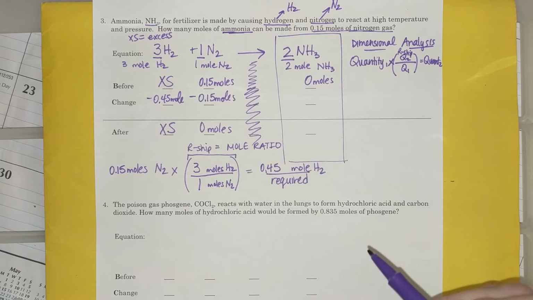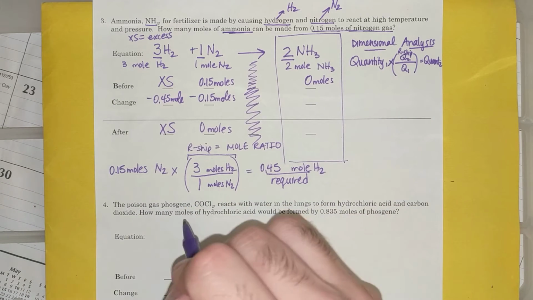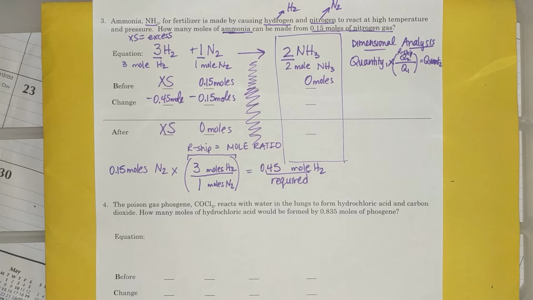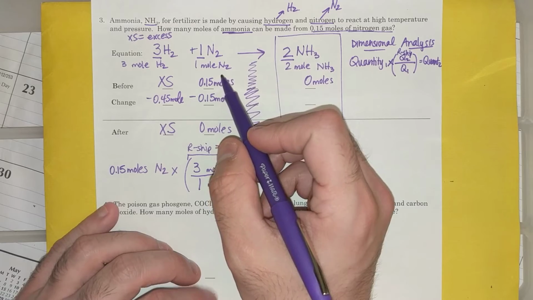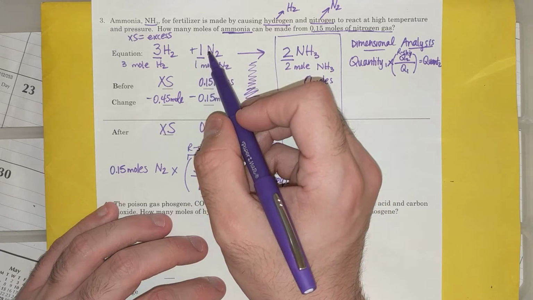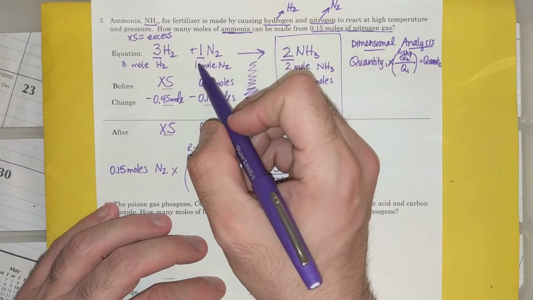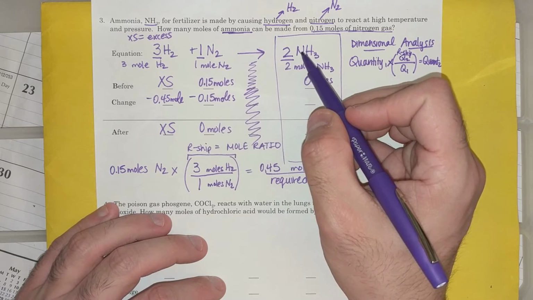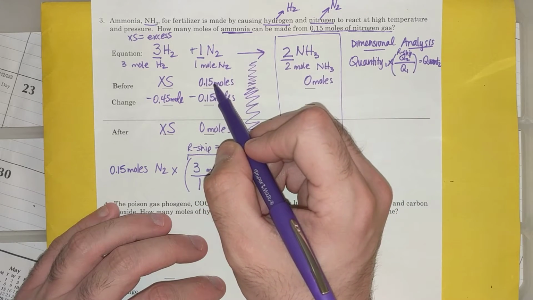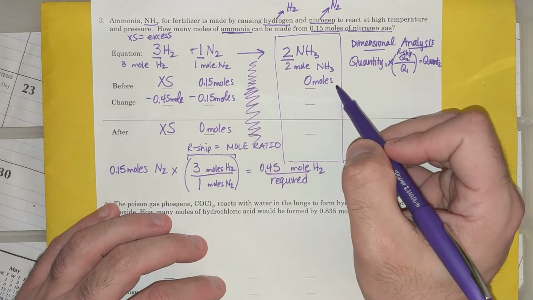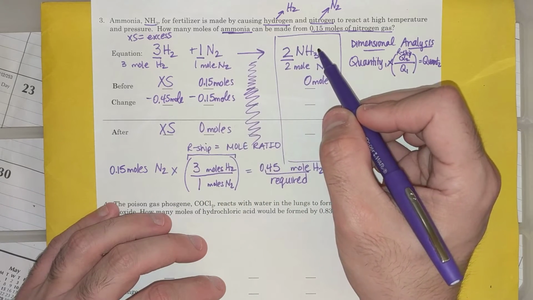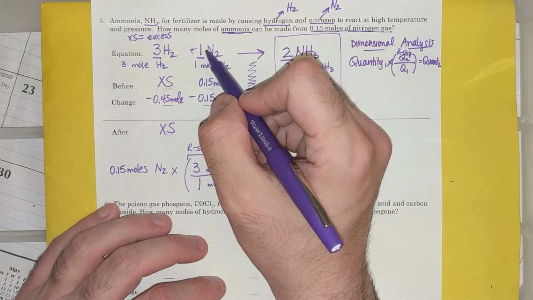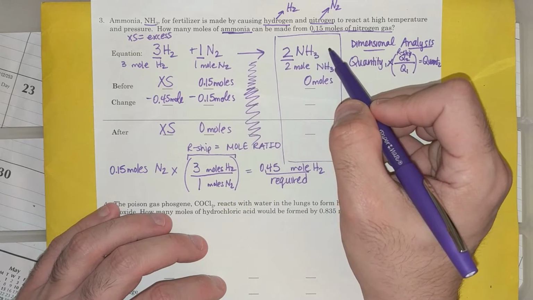Now I'm going to use that same quantity, and I'm not going to do this dimensional analysis. I'm going to do kind of mental math to show you how I could fill in this part now. I know the mole ratio between N2 and NH3 is 1 to 2. So if I have 0.15 moles, how much NH3 should I have? For every 1 mole of N2, I should get 2 moles of NH3. For every 2 moles of N2, I should get 4 moles of NH3.